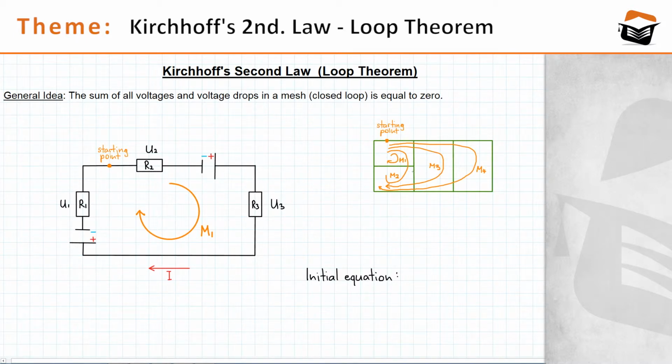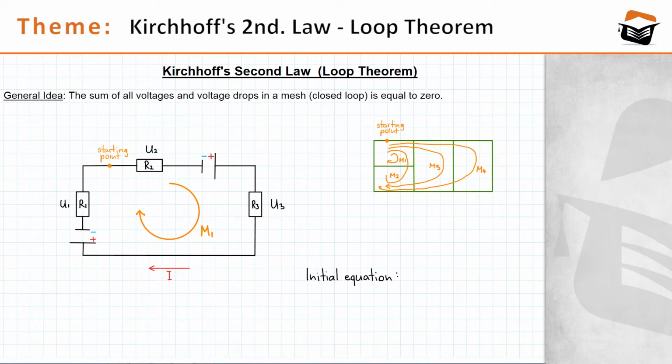However, you should know that if you have a mesh, each wire or each node must be passed through only once. For example, you cannot have this path as a mesh, so starting here and then going this way. Let me actually draw that.